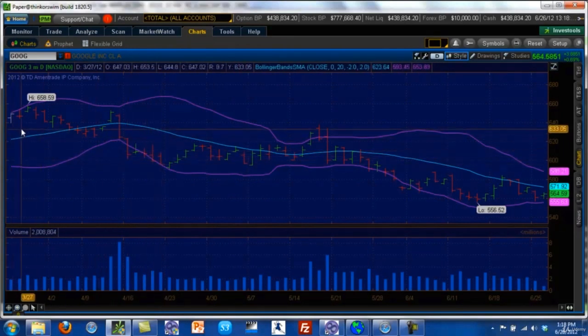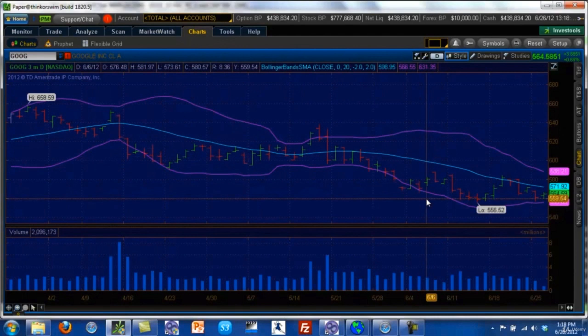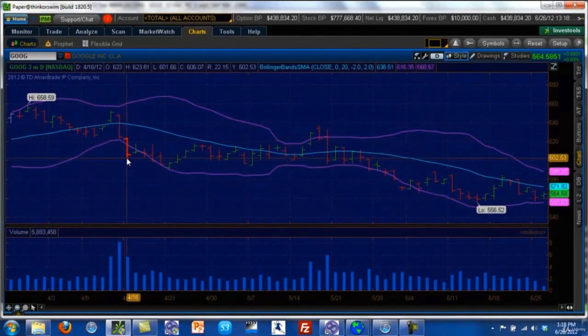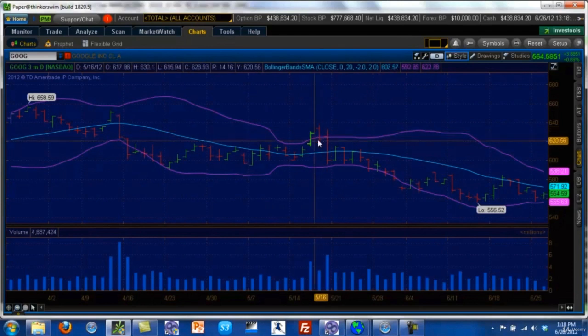So here we are looking at a 3-month chart of Google. And you can literally see the number of times that it goes outside of these 2 bands. Here we have 1, here we have 2, here it goes out but it comes back in to close, and here again it goes out but it comes back in.